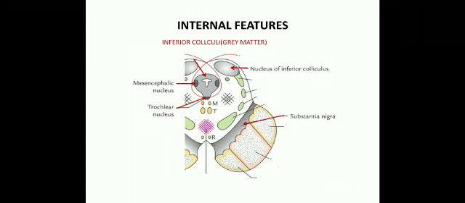The substantia nigra is a lamina of grey matter. Here we can observe the grey colored structure. It is a lamina of grey matter made up of deeply pigmented nerve cells. It is concerned with the muscle tone.